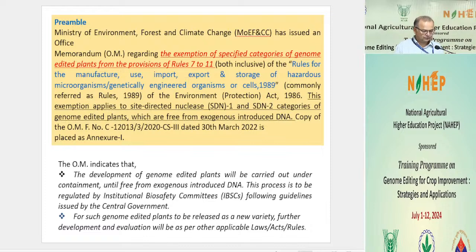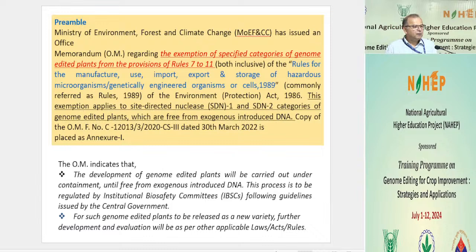Second thing is, for such genome edited plants, once it is proven that they are free from exogenous introduced DNA, then they will be treated as a normal bred variety, and for varietal release the existing procedure will be followed.